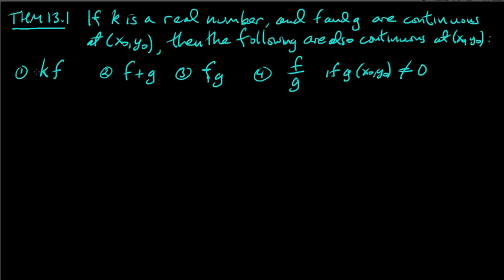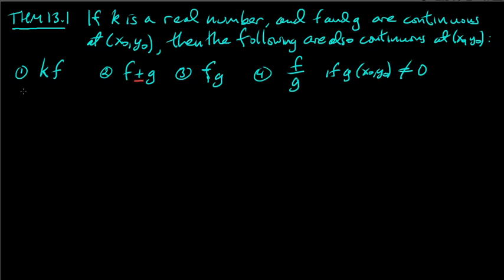K times f, so any number times a function will still be continuous. F plus g, when you add two continuous functions, you get another continuous function. And that also means if you take f minus g, if you subtract two continuous functions, you get a continuous function.